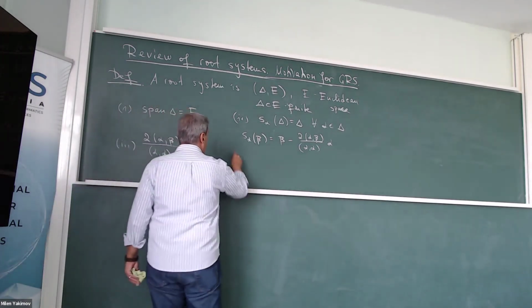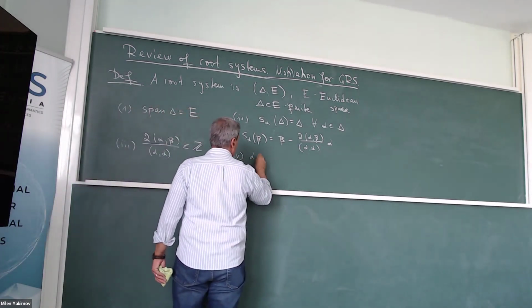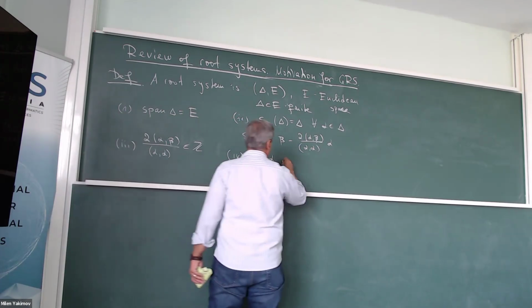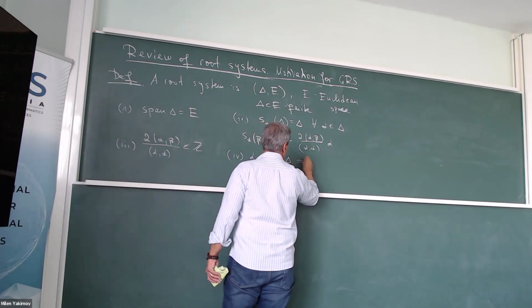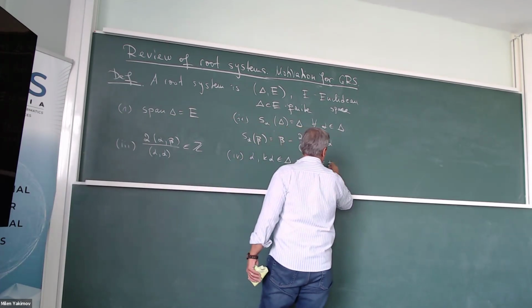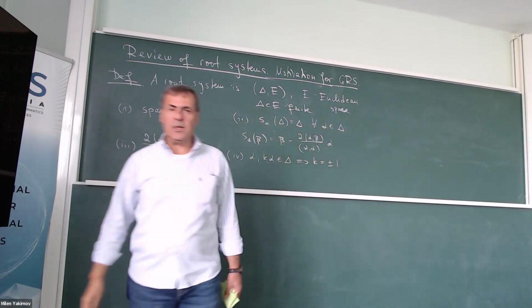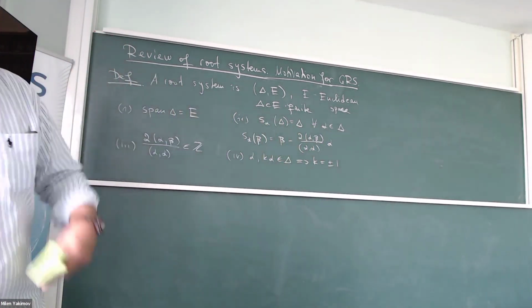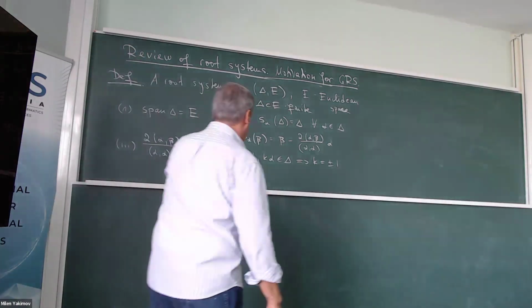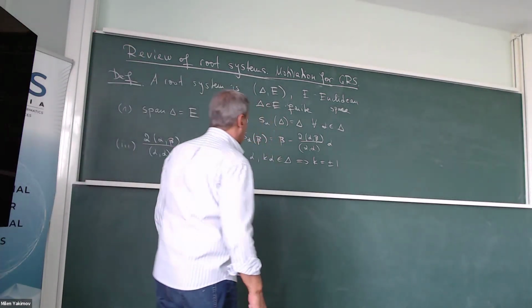And the fourth axiom is that if I have two proportional roots, then the coefficient of proportionality is just 1 or minus 1. So I don't get any proportional roots except for the opposite of them.